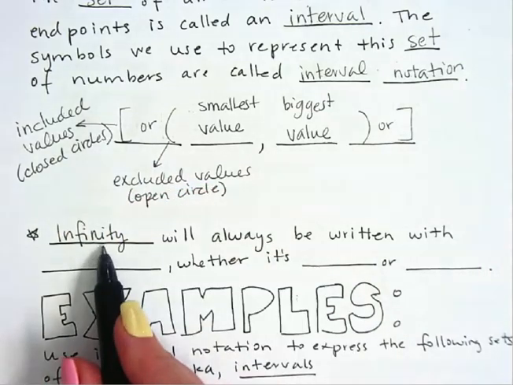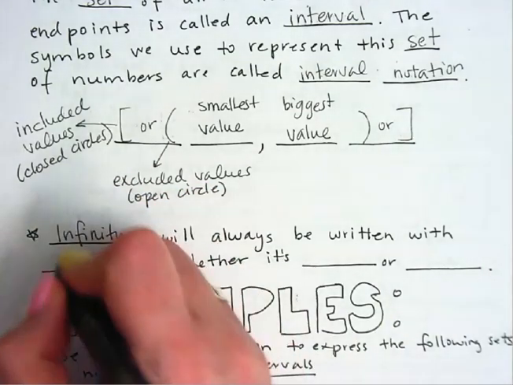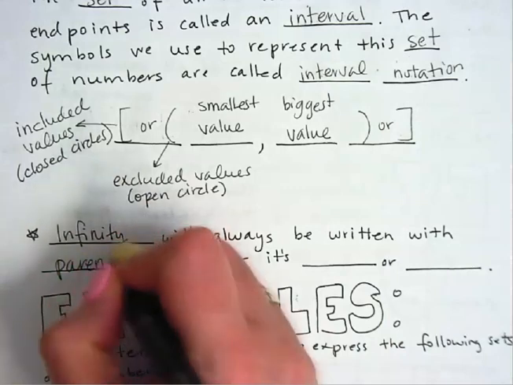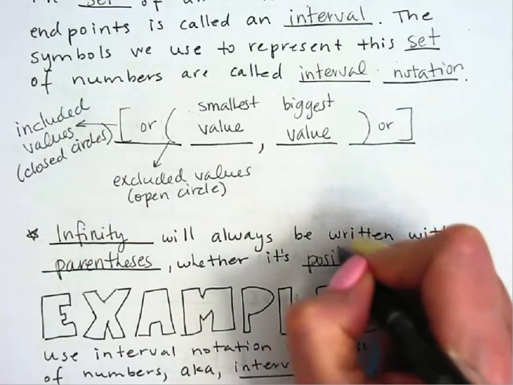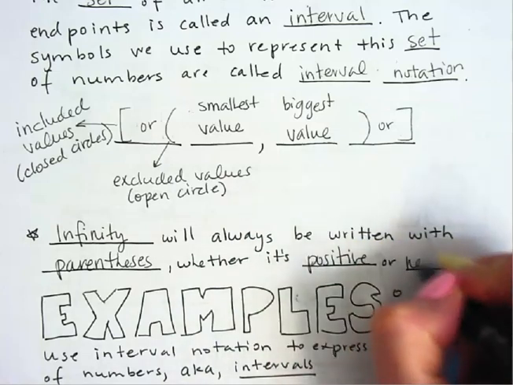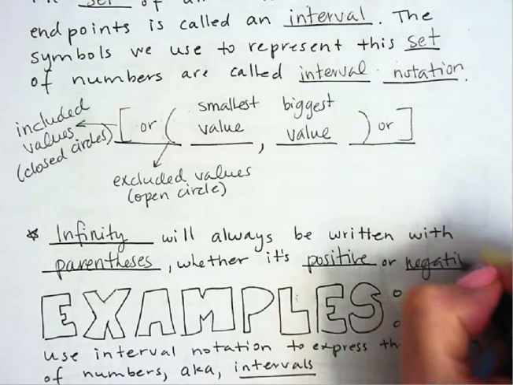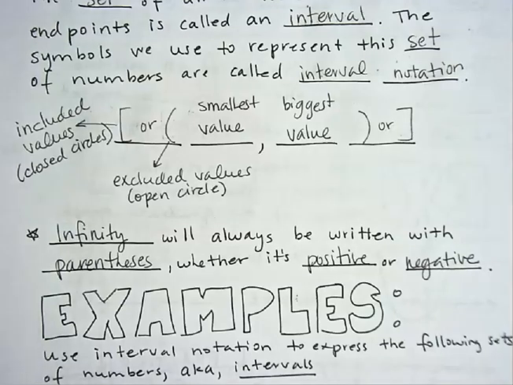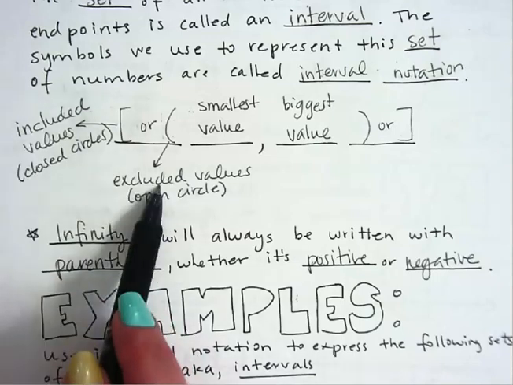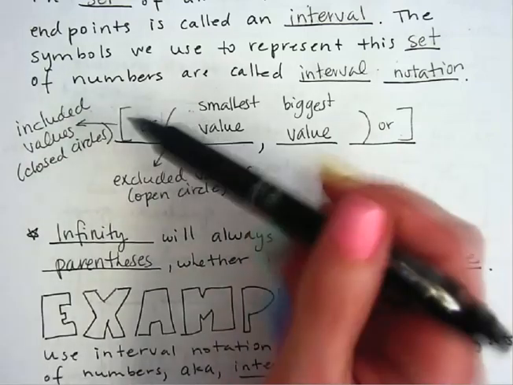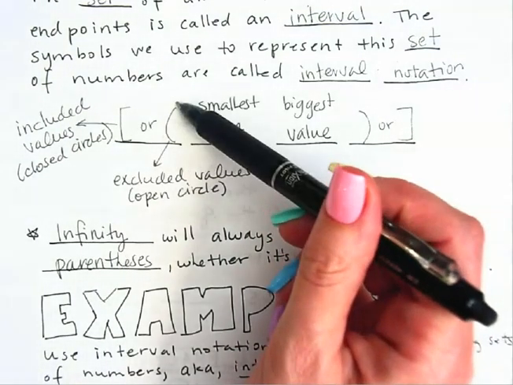Infinity will always be written with parentheses, whether it's positive or negative. That's because infinity goes on and on forever. You can never reach infinity. Therefore, you can never include infinity. It'll always be considered excluded, and we'll put a parenthesis on it.